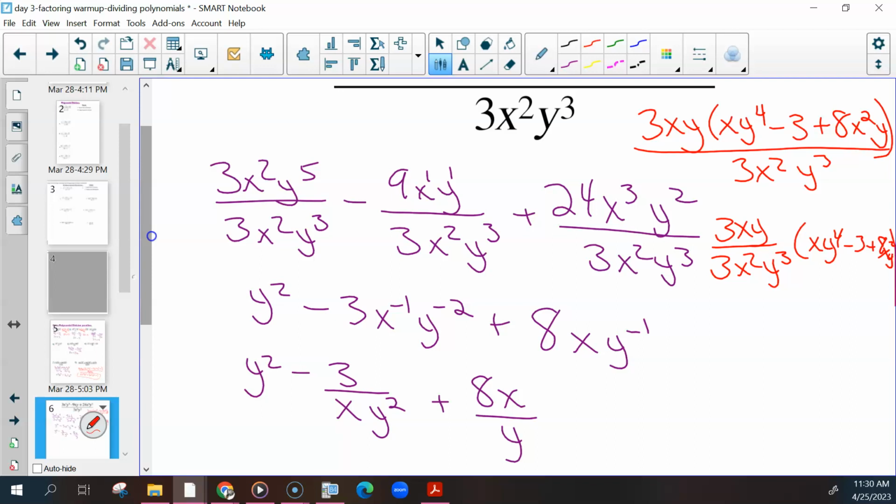If we were to simplify just this piece, what would that become? Subtract your exponents, you're going to end up with negative ones.